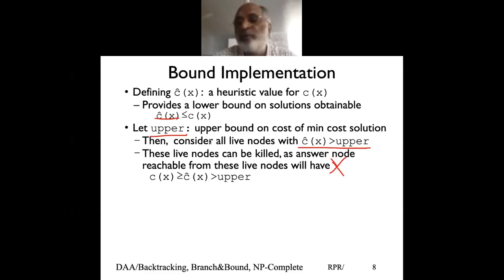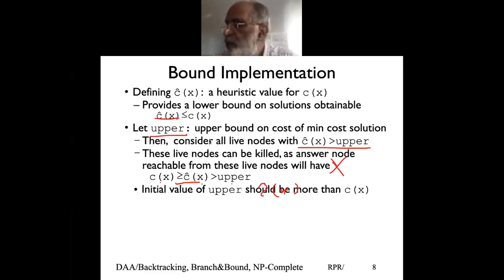So the constraint we'll follow is that the estimated Cx should be less than upper, because the moment C hat x becomes greater, we'll remove that node. The initial value of upper could be anything, and we'll deal with it.